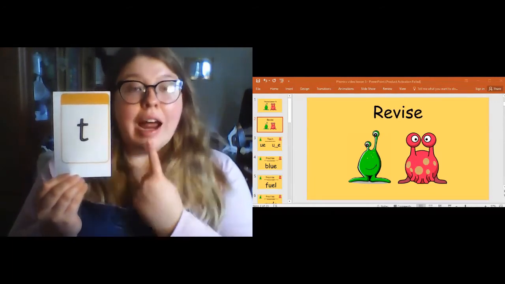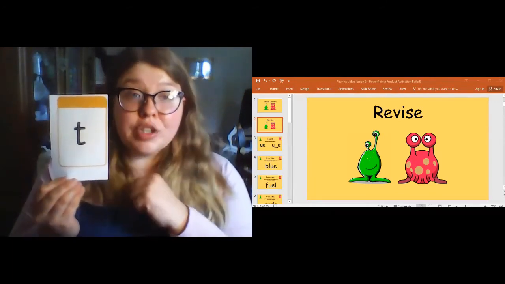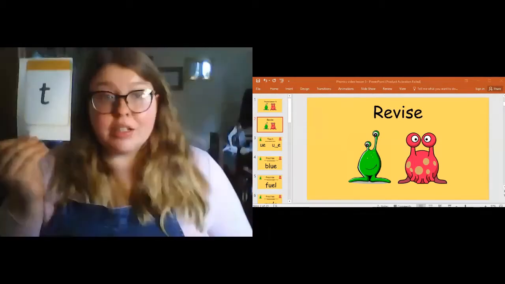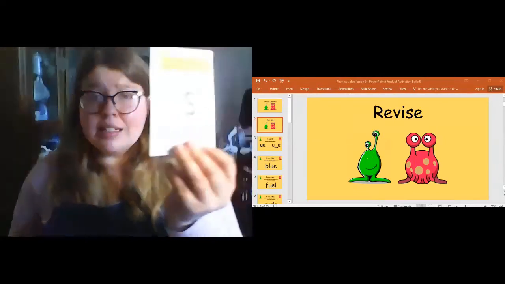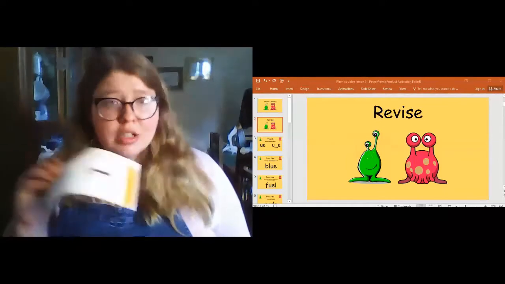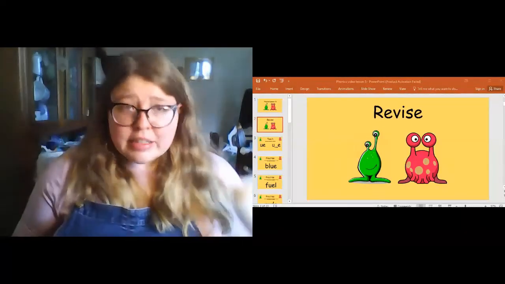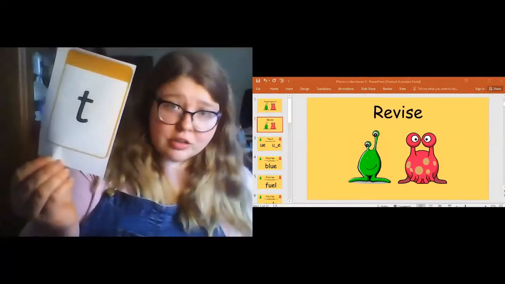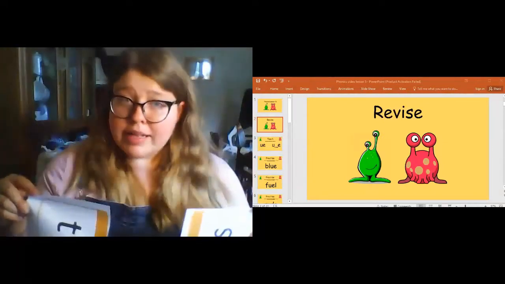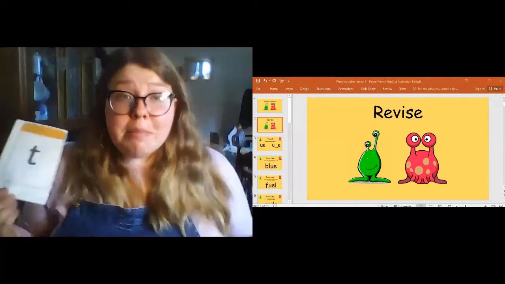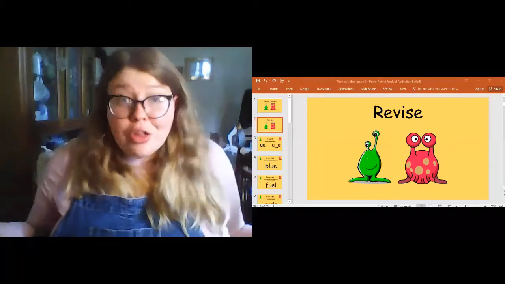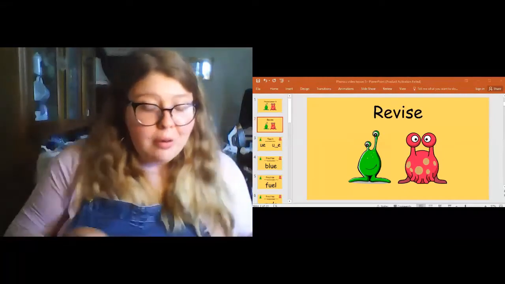T. Now remember, the trick with our phase 2 is that with sounds like s and t, you're tempted to add an extra sound on the end. I will not accept that extra sound. So we've got to think about the sounds that we're making today because it makes it harder to blend if you're adding in an extra sound that's just not there. So let's make sure we're making those sounds.